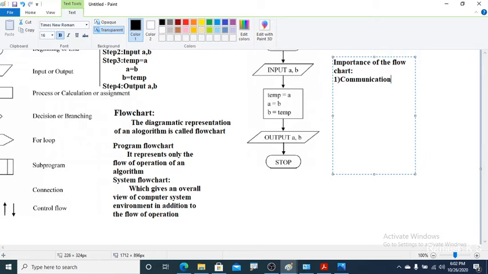So what do you mean by communication? Flowcharts are a better way of communicating the logic of a program to all concerned. That means we can communicate very easily, and also we can simplify our program. That is communication.